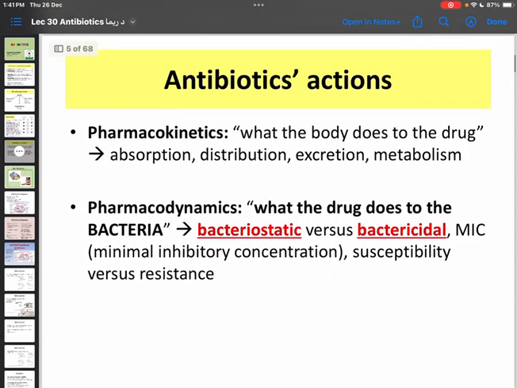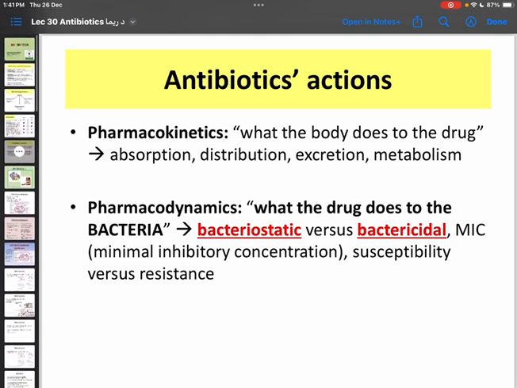Okay, so pharmacokinetics, you have to be familiar with those terms. Pharmacokinetics is what our body does to the drug in terms of metabolism, distribution, excretion, etc. Pharmacodynamics is how the drug itself interacts with the microorganism or the bacteria. If it's bacteriostatic, it slows down the growth but doesn't kill the bacteria.